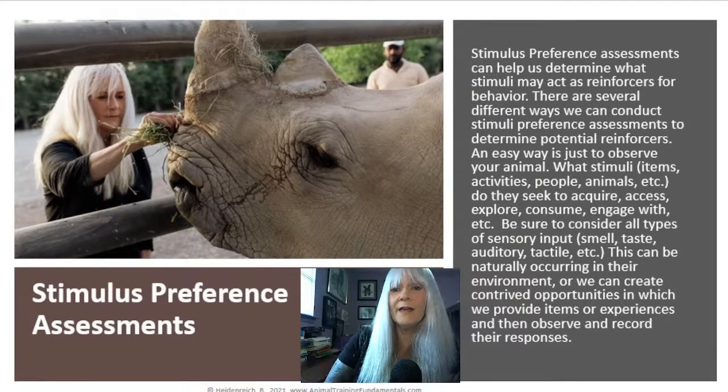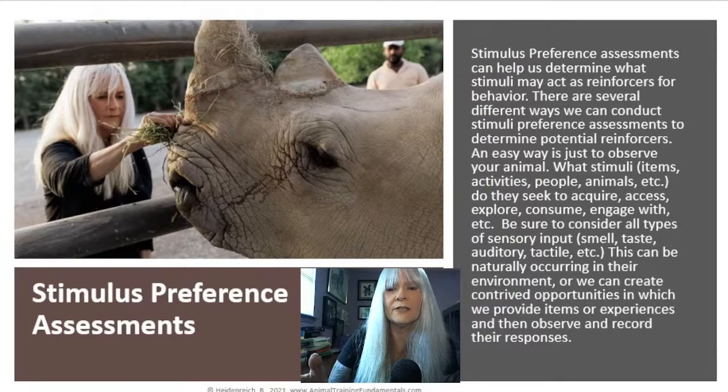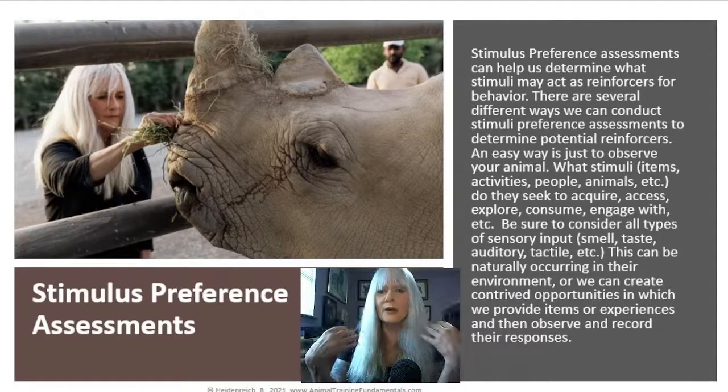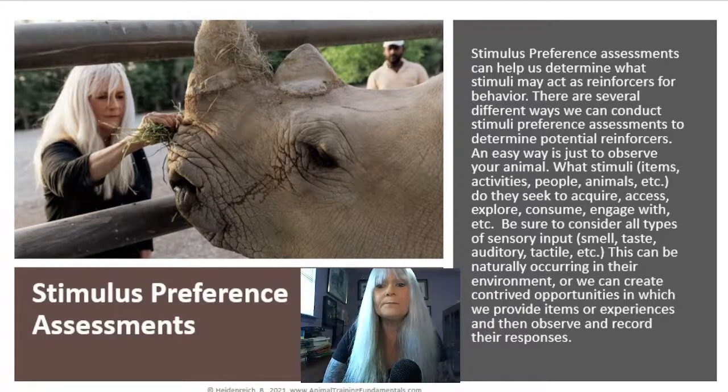So what stimuli, and this could be items, activities, people, animals, etc., do they seek to acquire, access, explore, consume, engage with, etc.? And we want to be sure to consider all types of sensory input. So this could be smell, taste, auditory, tactile. And this can be naturally occurring in the environment, or we can create contrived opportunities in which we provide these items or experiences and then observe and record their responses.